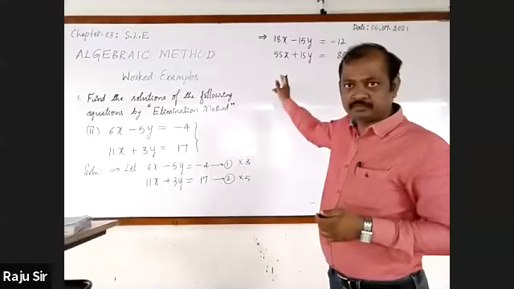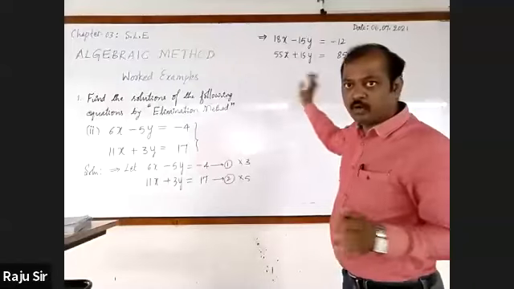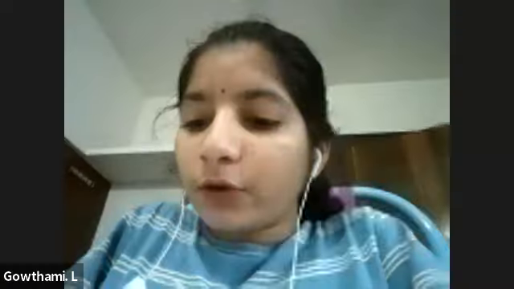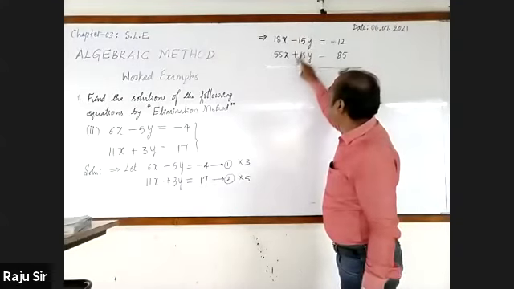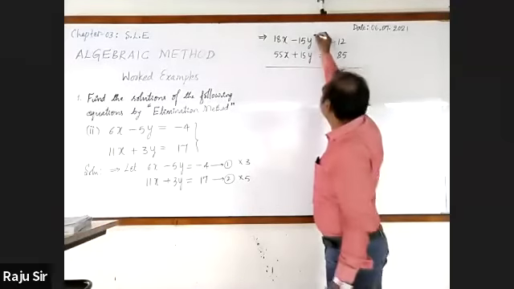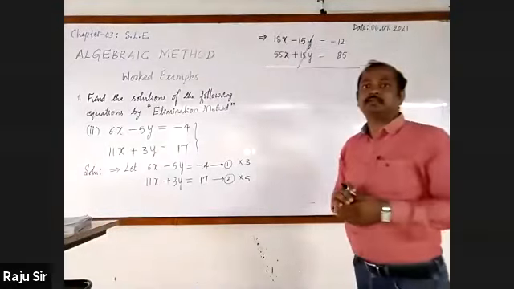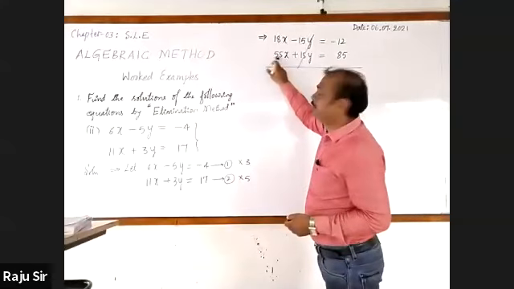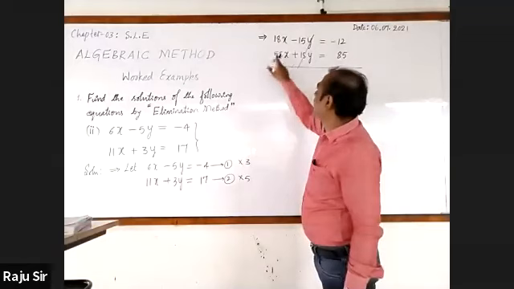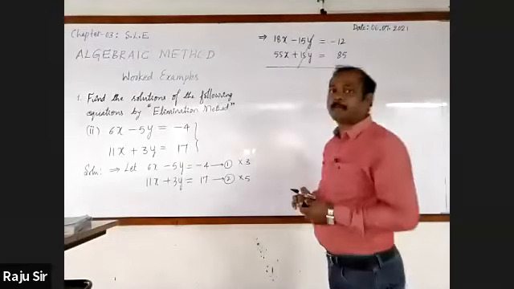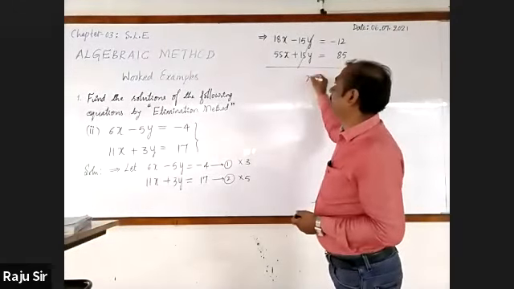Is it necessary to change the sign? No, sir. We don't want to change the sign, because already we have -15 and +15. So without changing the sign, you can cancel. Next, here 18x, here 55x. What is 18x plus 55x? 73x.